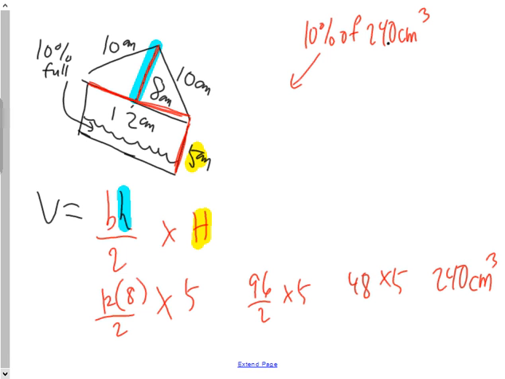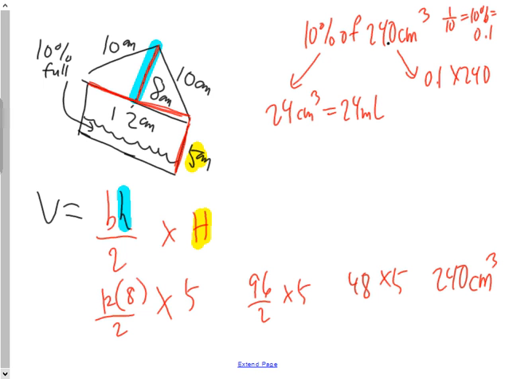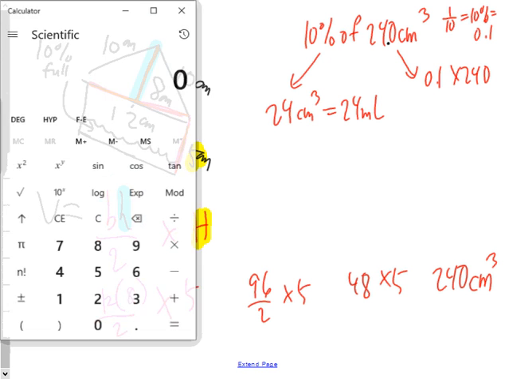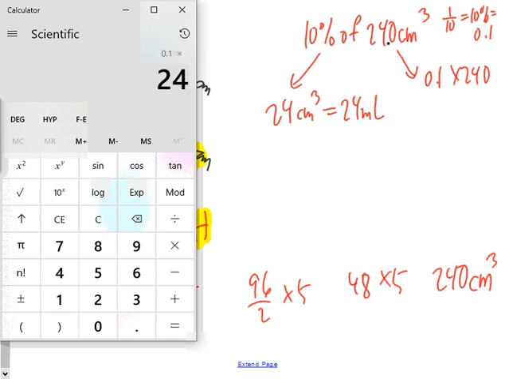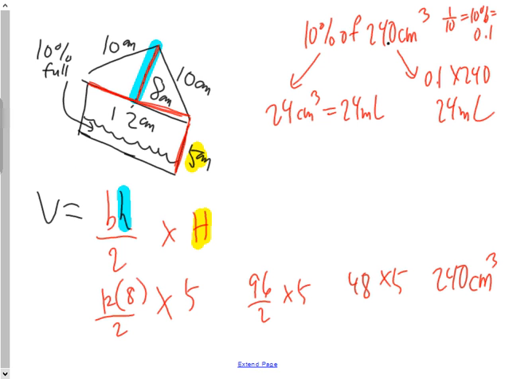So without doing any calculations, you can just move the decimal over, and it's 24 cubic centimeters, which would then mean 24 milliliters of water is in the prism, because 1 cubic centimeter is 1 milliliter. Alternatively, 10% is really a tenth. So you can take a tenth multiplied by 240, and you get 24 as well, which is the same answer that you got before.